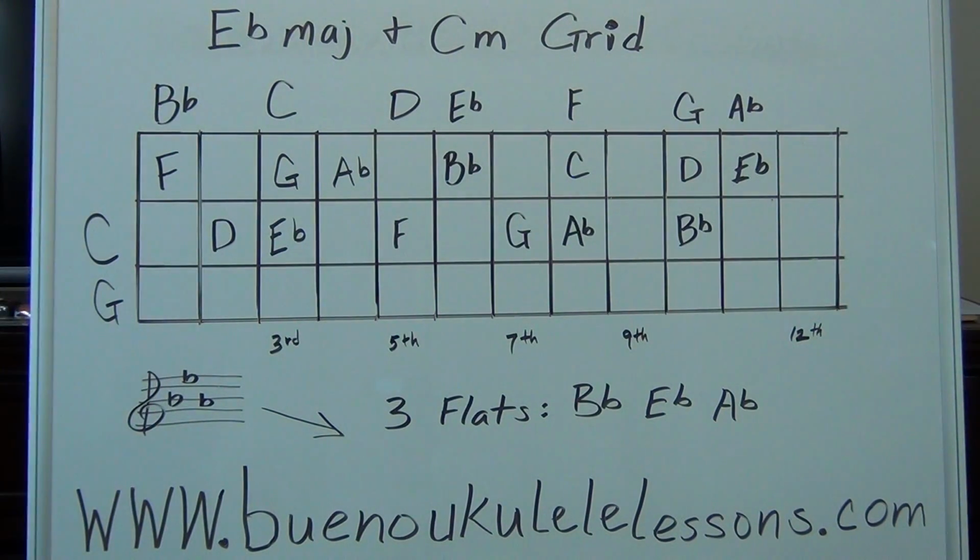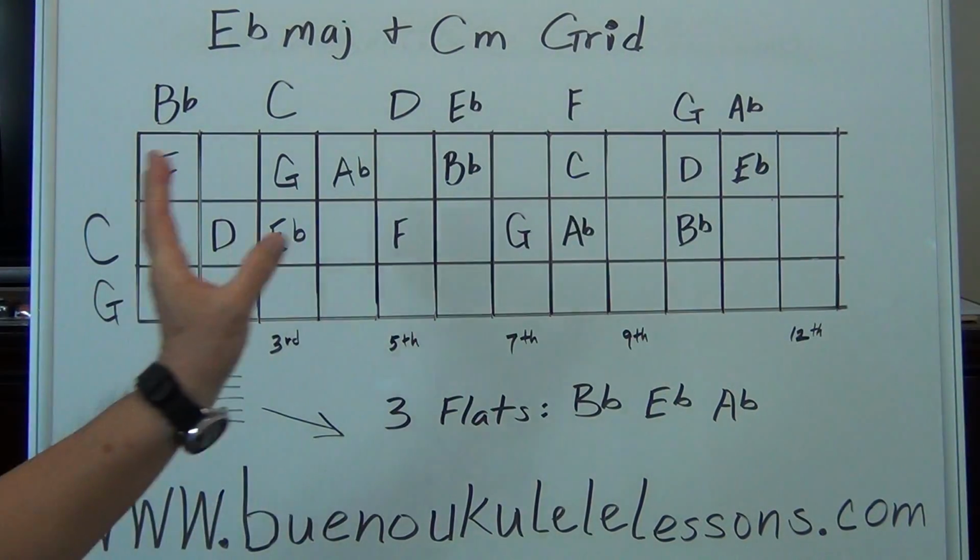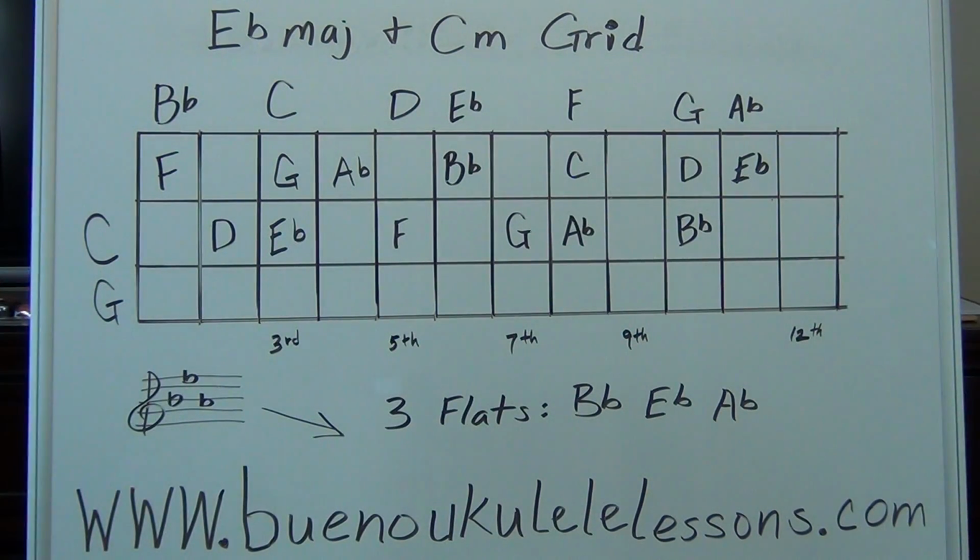Now, the main goal for playing the grid for E flat major and C minor is you want to think about the entire grid. Think of it as a map that you can go to play and utilize your notes, as long as you're within the family of chords.